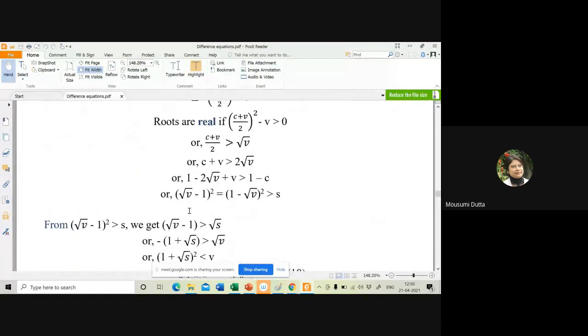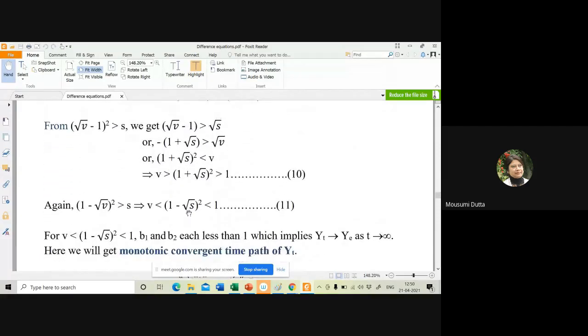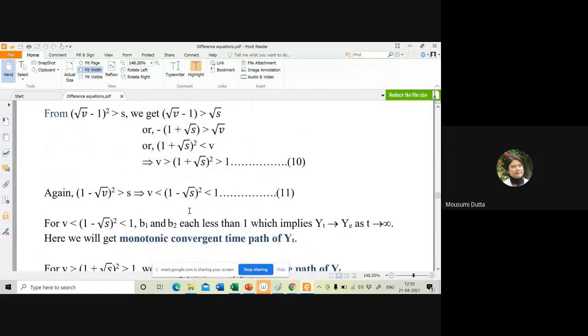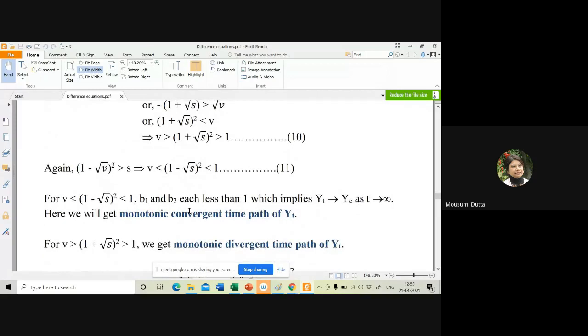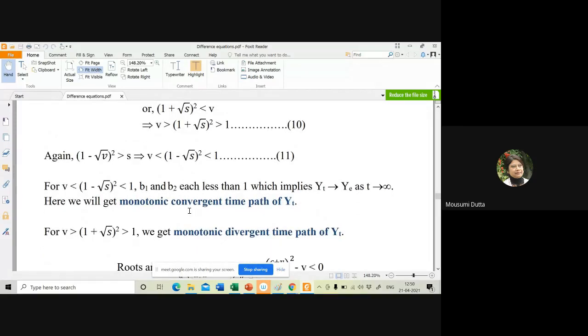If the roots are complex conjugates, what will happen? Okay, so all these things I need to share with you. And finally, once we understand the basic structure of the model, using the stability condition and using the discriminant, we will derive the time path of income.